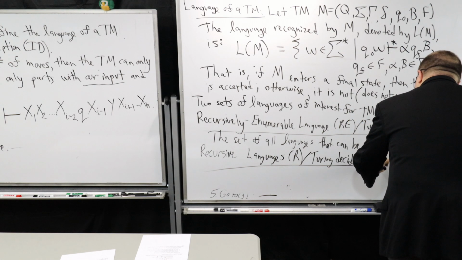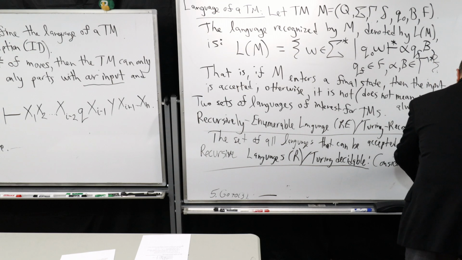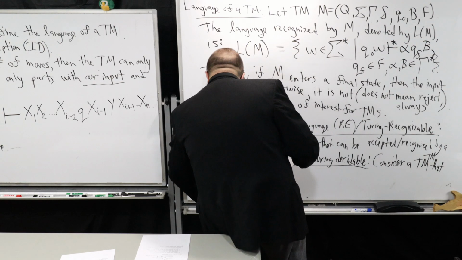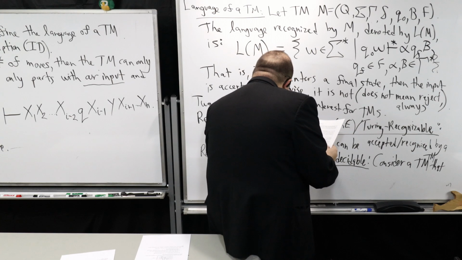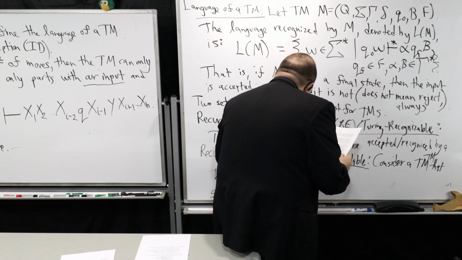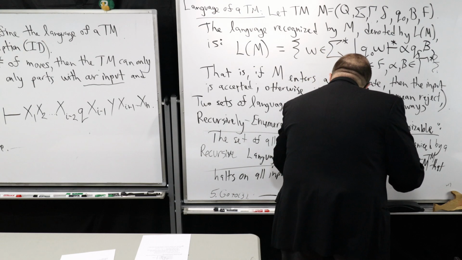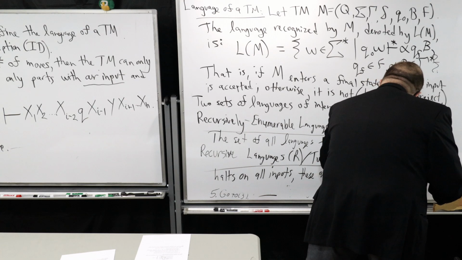So I want to consider a Turing machine that halts on all inputs. These are called deciders.